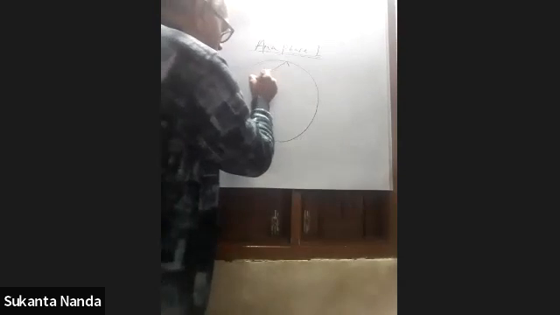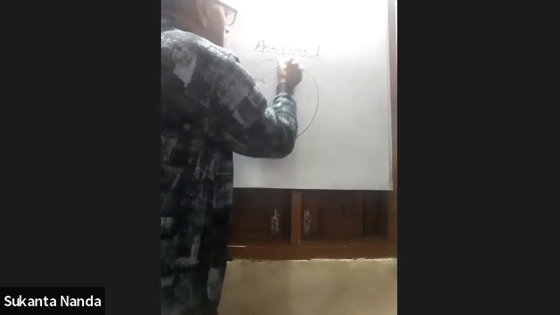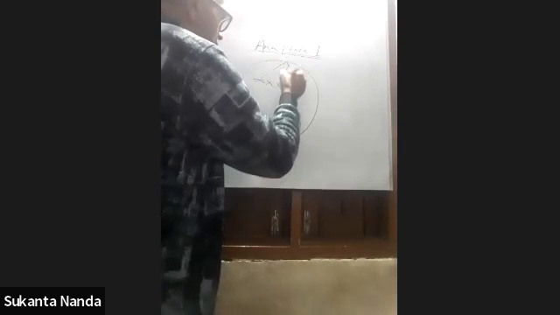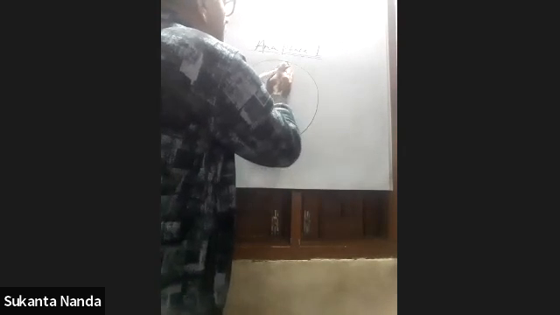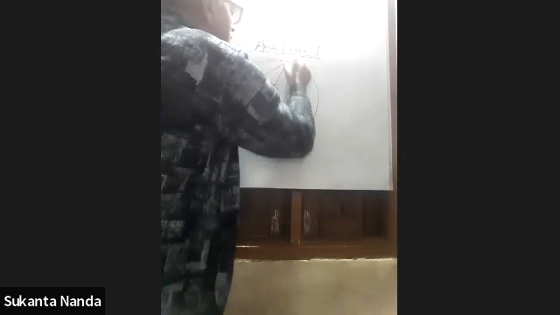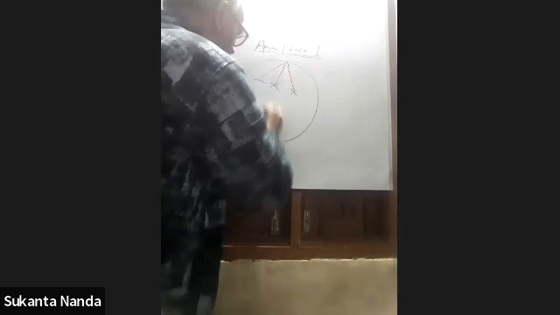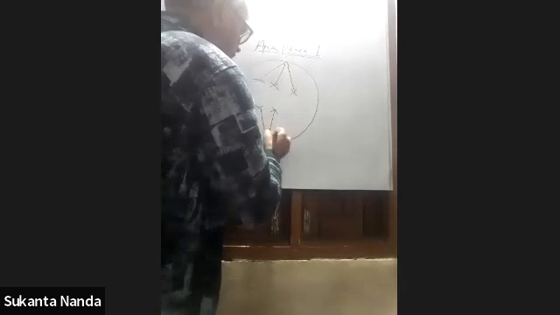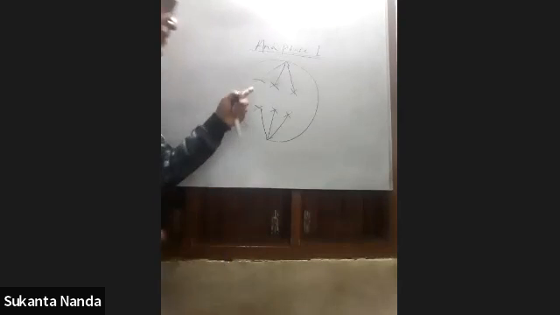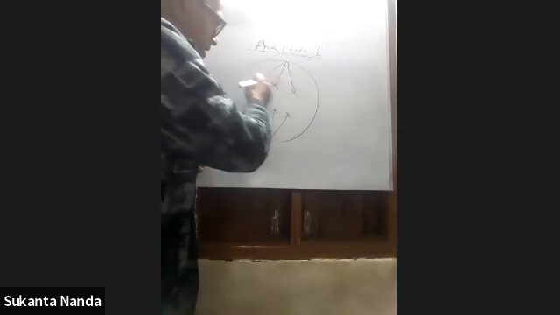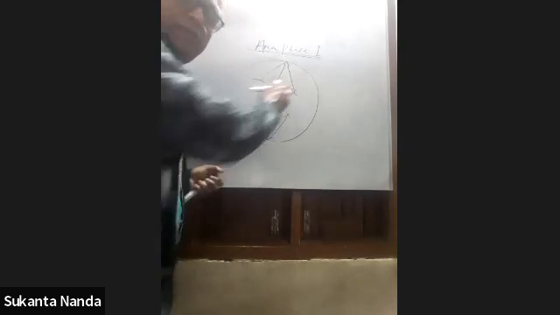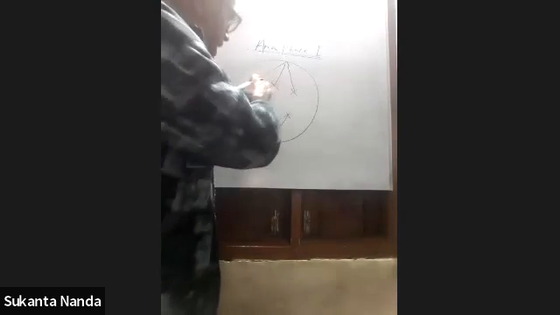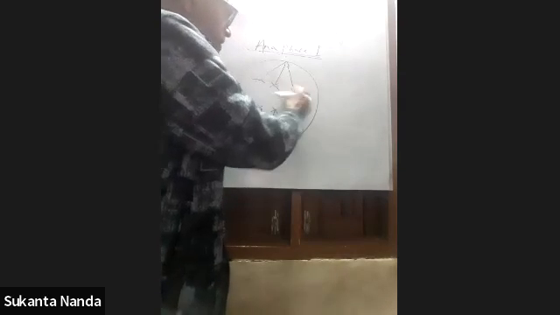So the chromosomes will look like this. I'm drawing another like this, one and another one. In anaphase, the paired homologous chromosomes become separated.